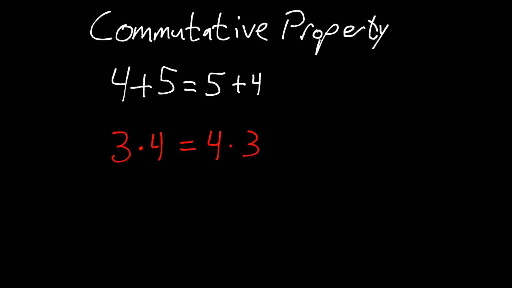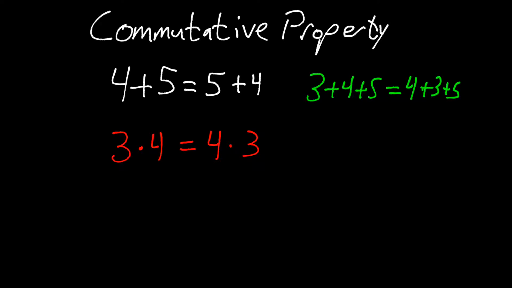Now, one last thing before we take a look at the next property. For it to be the commutative property of addition or multiplication, it has to be the only operation that is occurring. So I could say 3 plus 4 plus 5 equals 4 plus 3 plus 5.